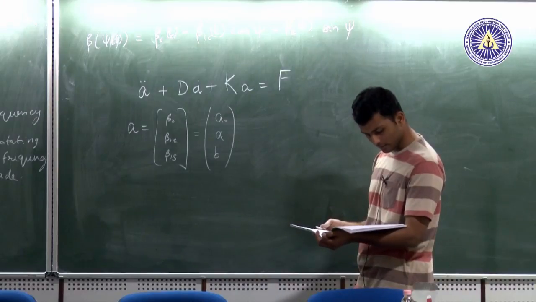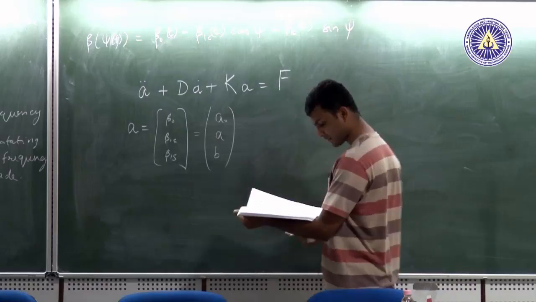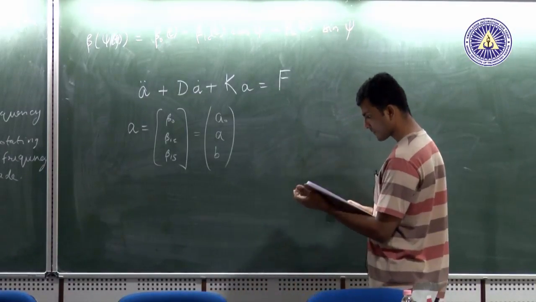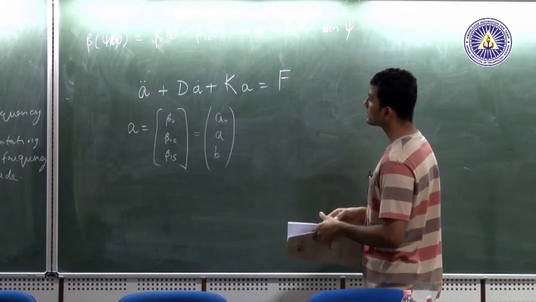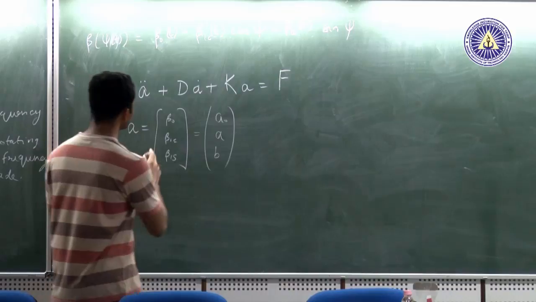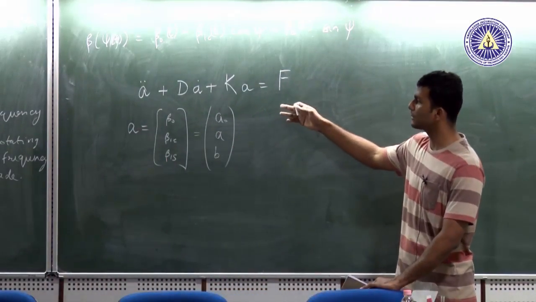It's called Effects of Primary Rotor Parameters on Flapping Dynamics. Okay. So this equation is a collection of 3 second order ODEs.